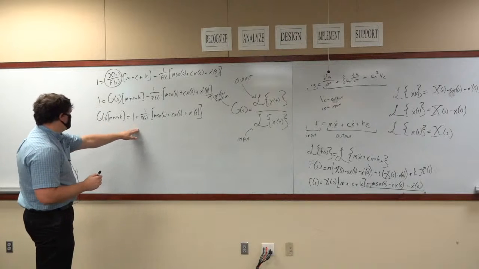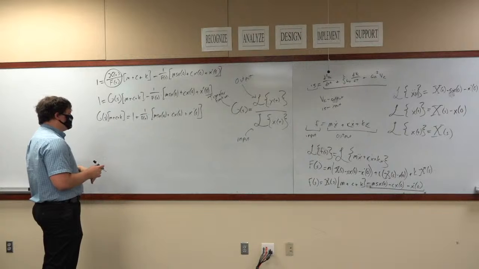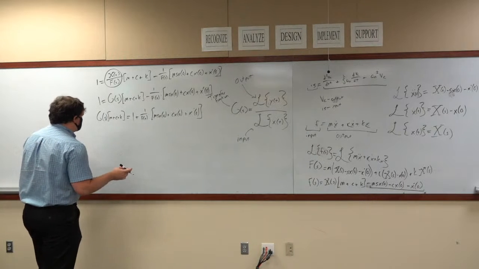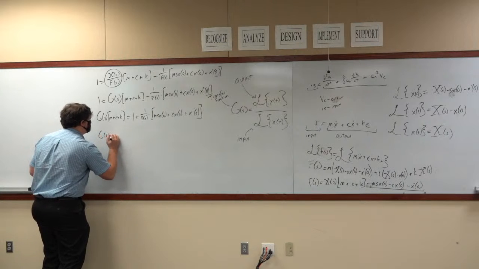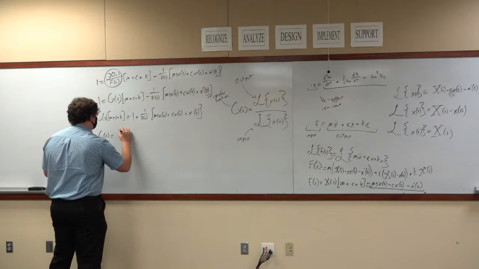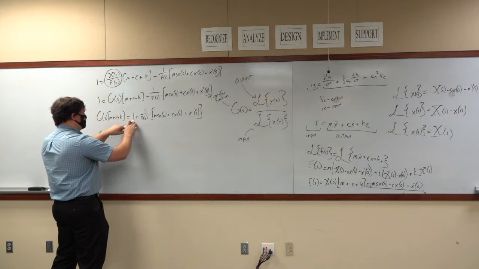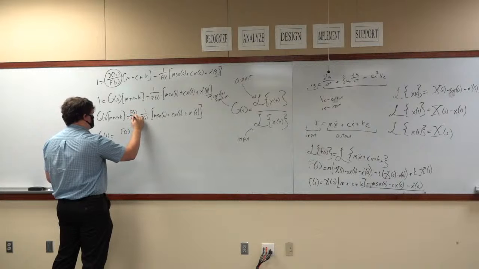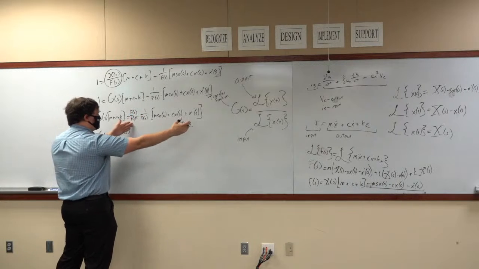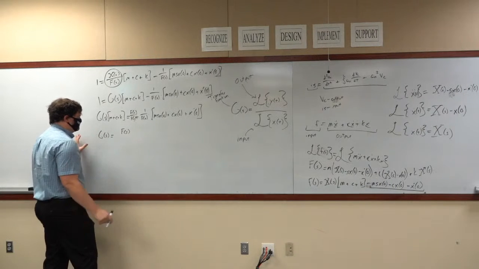Okay, now if we divide both sides by m plus c plus k, what we end up with is the following. G of s is equal to F of s. What I'm going to do is take 1 and replace it with F of s divided by F of s so that we can combine these terms into one giant quotient.